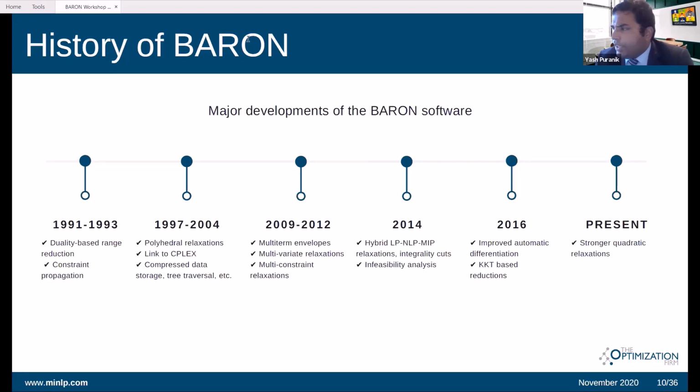We also proposed some novel reduction techniques that utilized first order optimality conditions, or the first order Karush-Kuhn-Tucker conditions as they're called, and implicitly carrying out range reduction on them to achieve better performance. More recently, we've continued work on some stronger quadratic relaxations for quadratic problems or quadratically constrained problems, the so-called spectral relaxations and other techniques in this process.